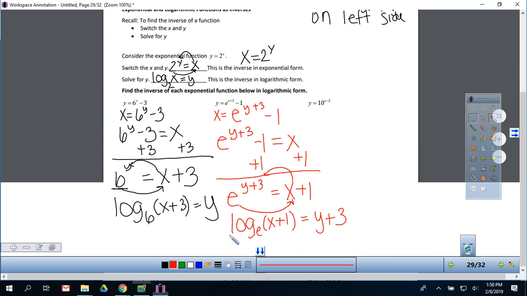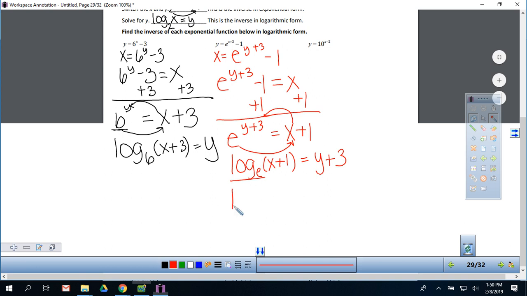Okay, what's special about log at the base of e? Natural. Is y by itself? No, what's sitting next to the y? So how do we undo?